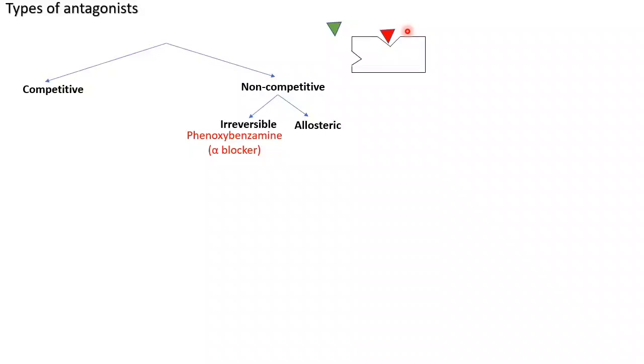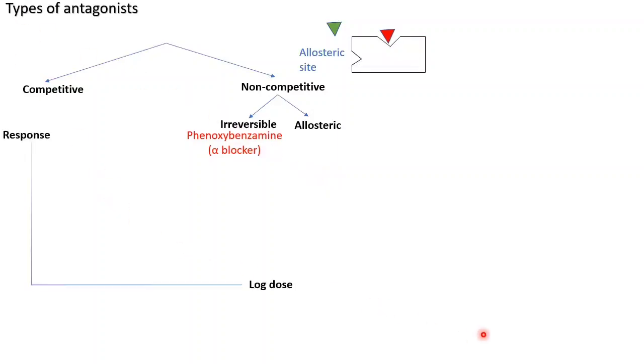So increase the dose of the agonist as much as you want, its site is closed due to the binding of the antagonist to the allosteric site. Okay, so a non-competitive antagonist could be an irreversible antagonist such as phenoxybenzamine, or it can be an allosteric antagonist.